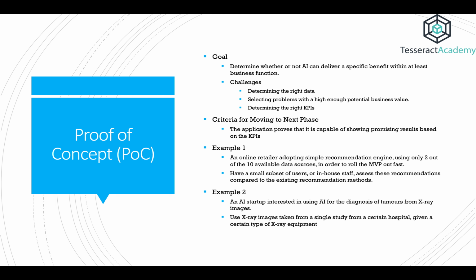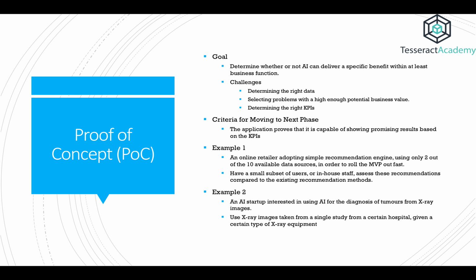The criterion for moving to the next stage is to make sure that the KPIs are fulfilled, so the goals are fulfilled according to the KPIs that we identified at the beginning of this process.